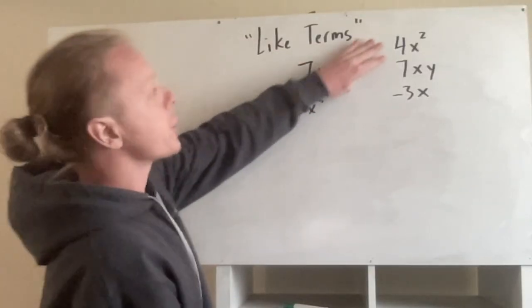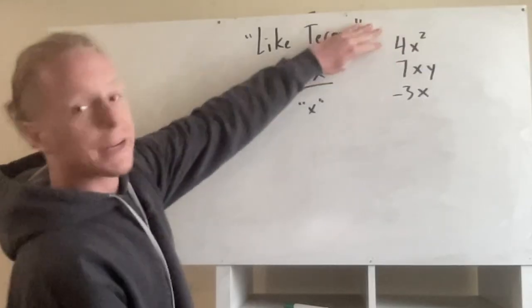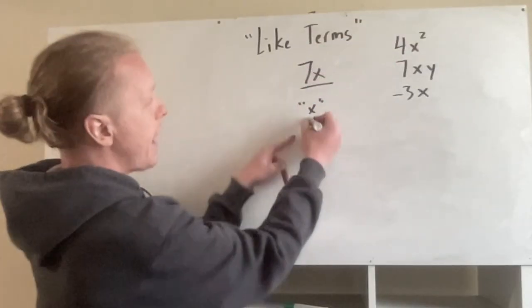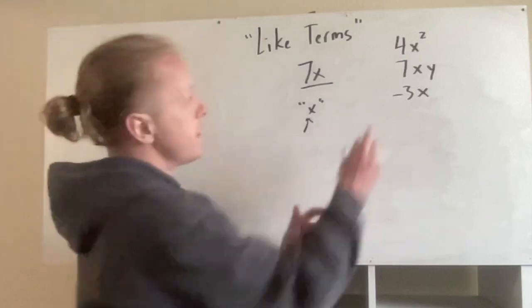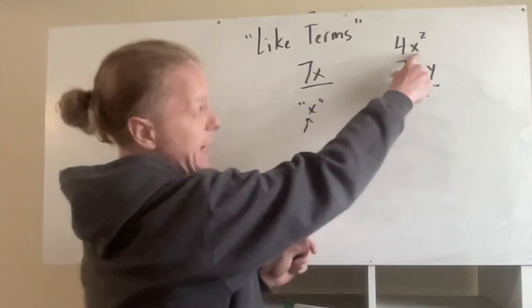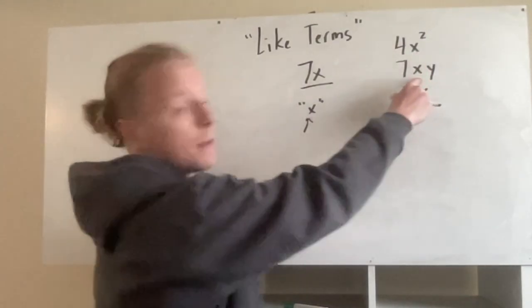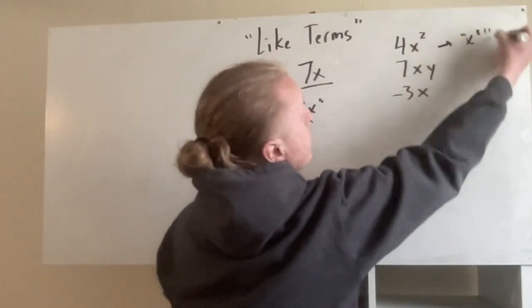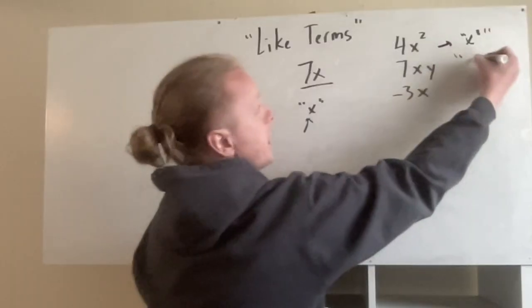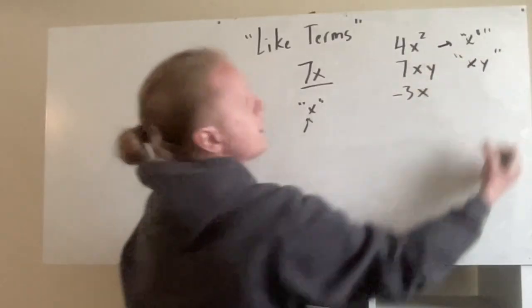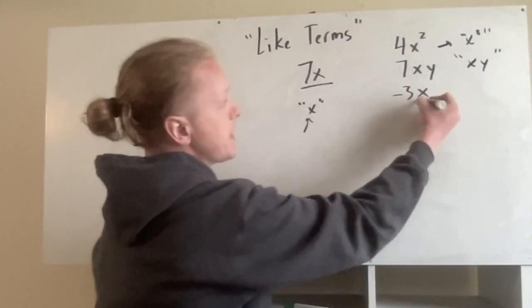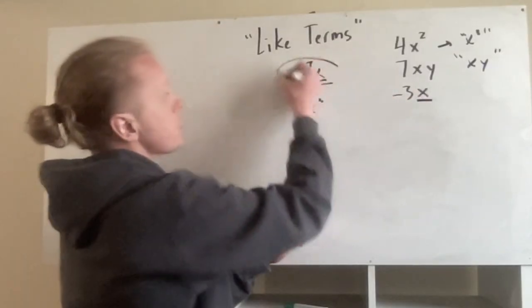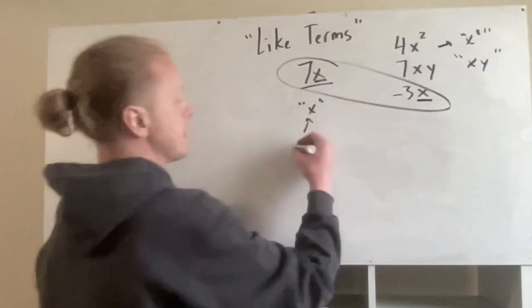So if I'm looking for which of these 3 terms are like terms, I'm looking for the other x term. This is not an x term. It has an x in it. This has an x in it. But this would be an x squared term. And this would be an xy term. But these here, these are both x terms. So we could combine these.